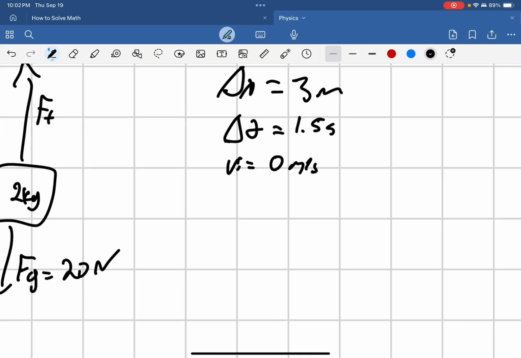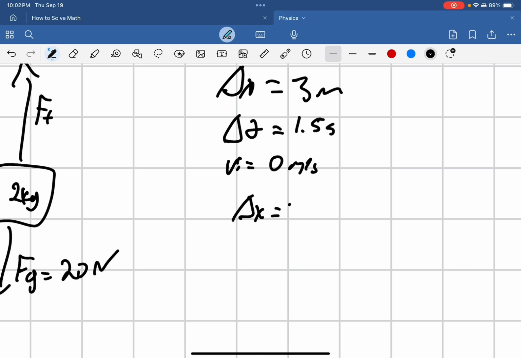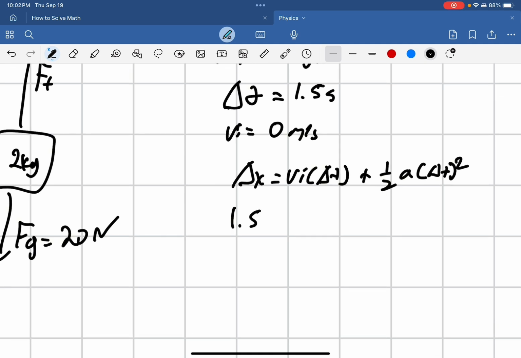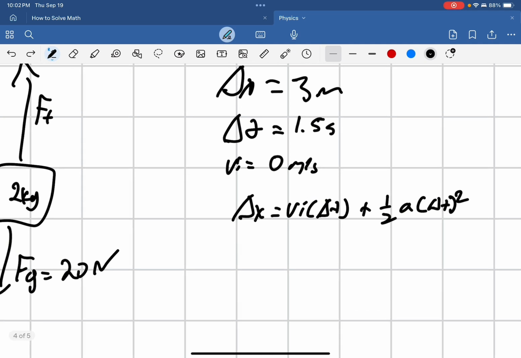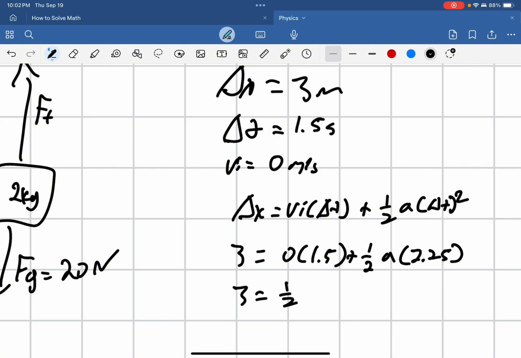So we're going to use this equation: change of x is equal to v i times change of time plus 1/2 a times change in time squared. Plugging in our units, 3 is equal to 0 times 1.5 plus 1/2 a times 1.5 squared, which is 2.25. Dividing 2.25 by half gives a times 1.125.